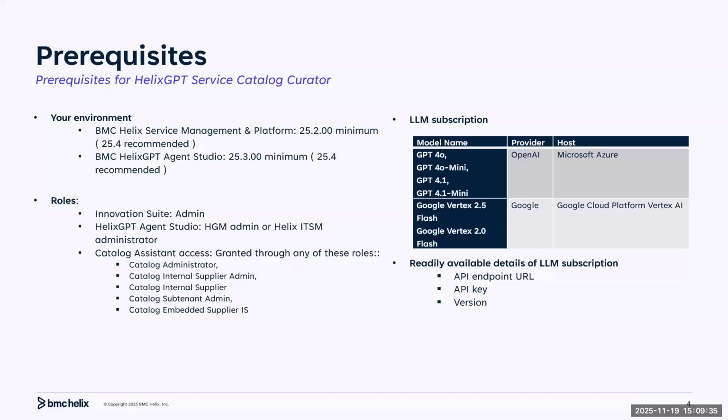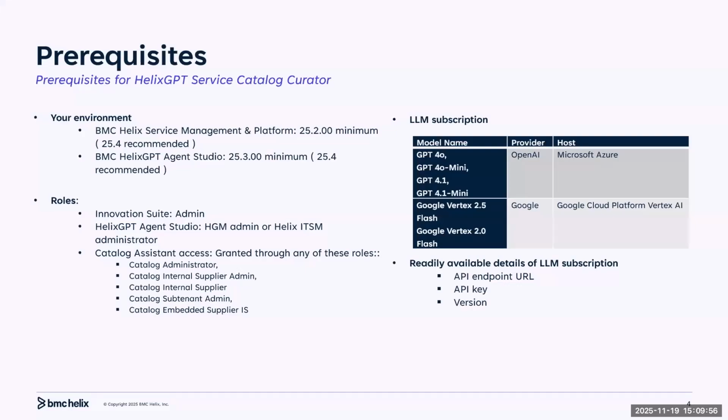Some additional catalog access is required for the following: catalog administrator, internal supplier admin, internal supplier, catalog subtenant admin, catalog embedded supplier IS, etc., which are mentioned on the screen.